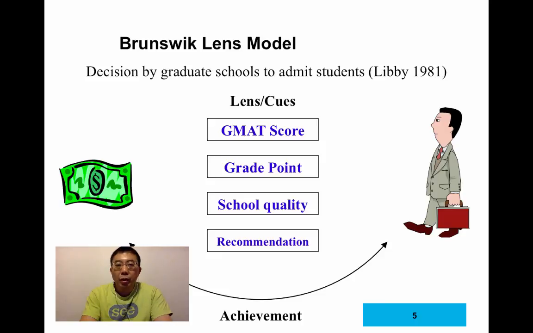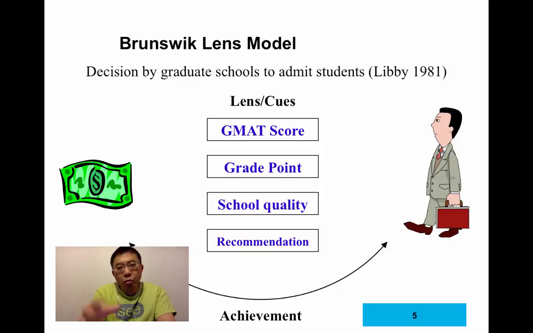We could also look at more international type scores, for example, a GMAT score. A GMAT score is normally required for students undertaking MBA courses, and this GMAT score measures your ability for critical thinking and analyzing things like that.